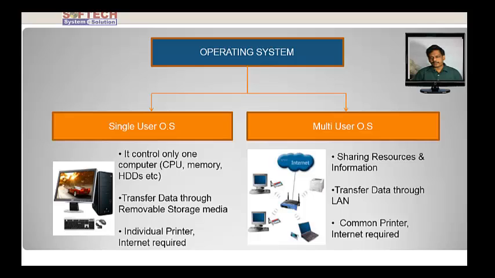In a multi-user operating system, more than one computer is connected for sharing information and resources. Resources mean printer, modem, internet. Multi-user operating system is also called a networking operating system.